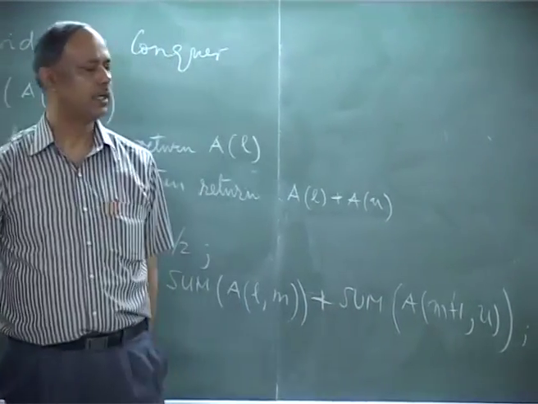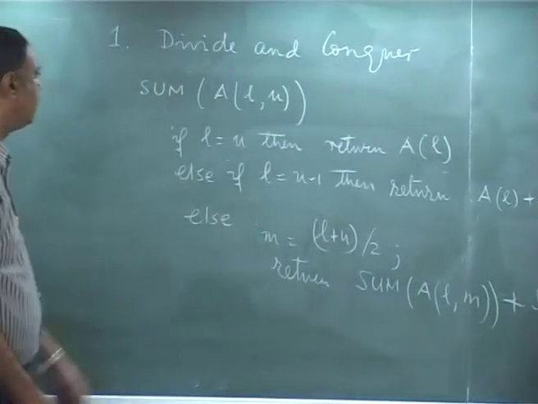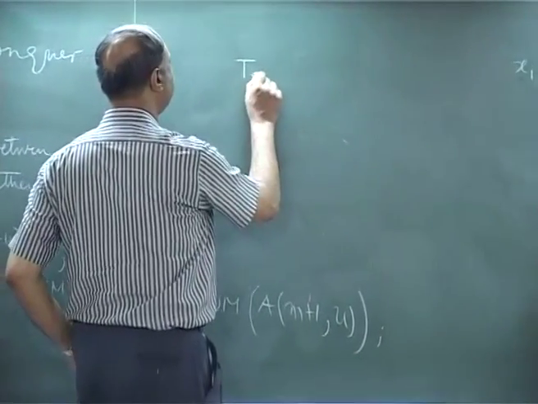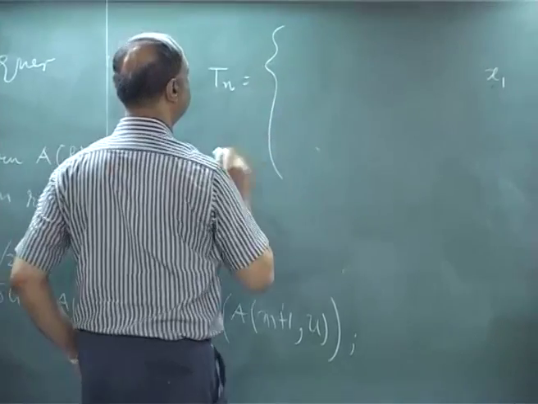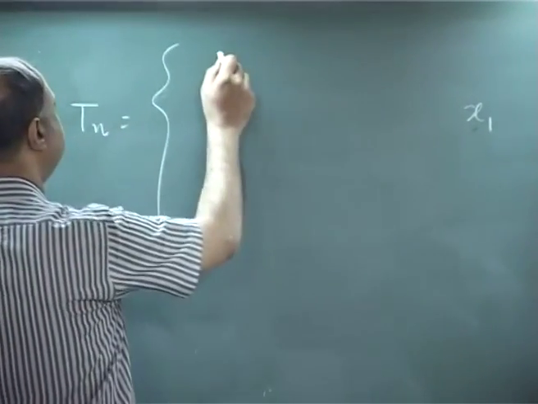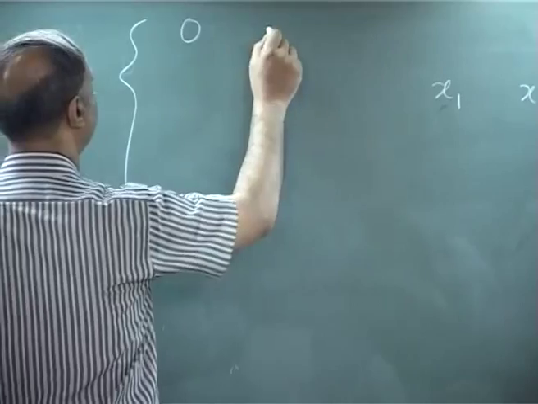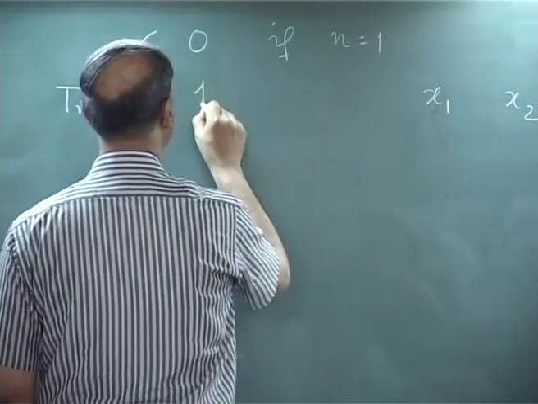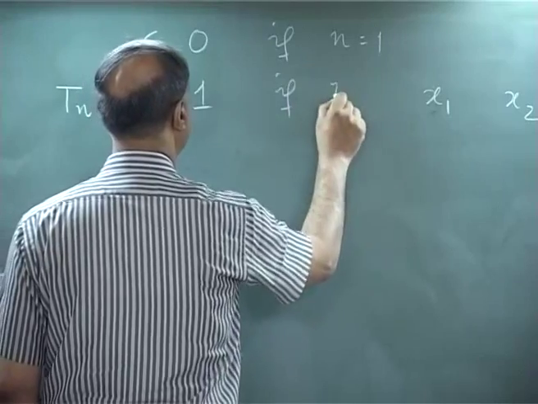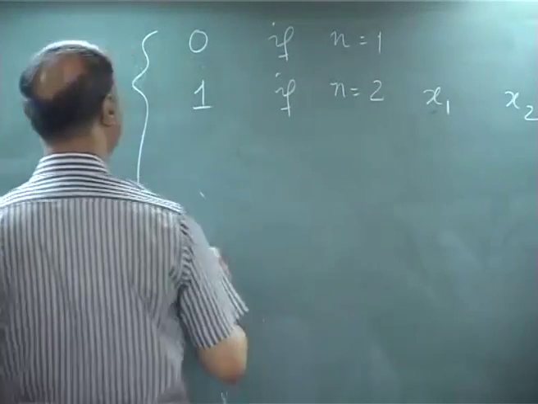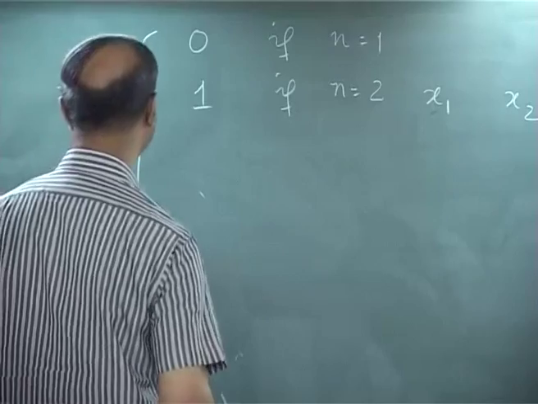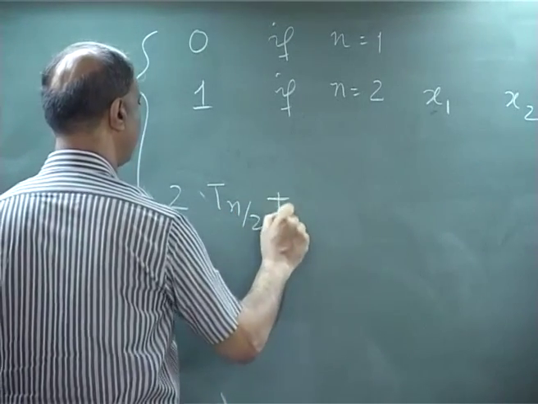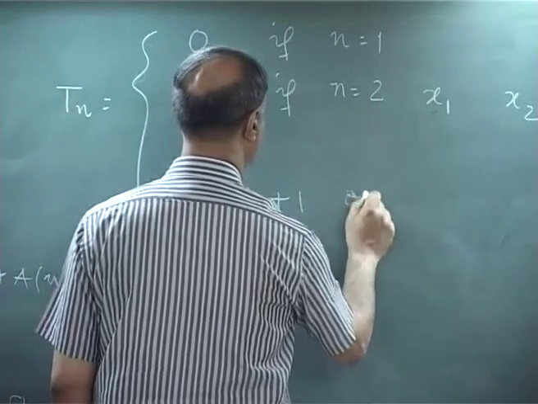If I have to compute the time complexity for that, then I have T(n) equals 0 if n equals 1, 1 if n equals 2, otherwise 2T(n by 2) plus 1.